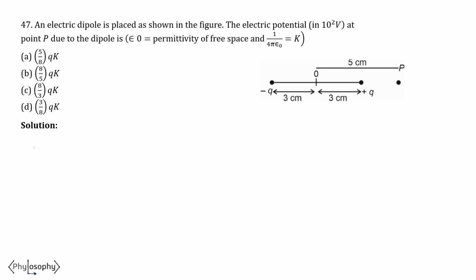We know that the potential due to a dipole is given by V is equal to K times Q times 1 over x minus d minus 1 over x plus d.